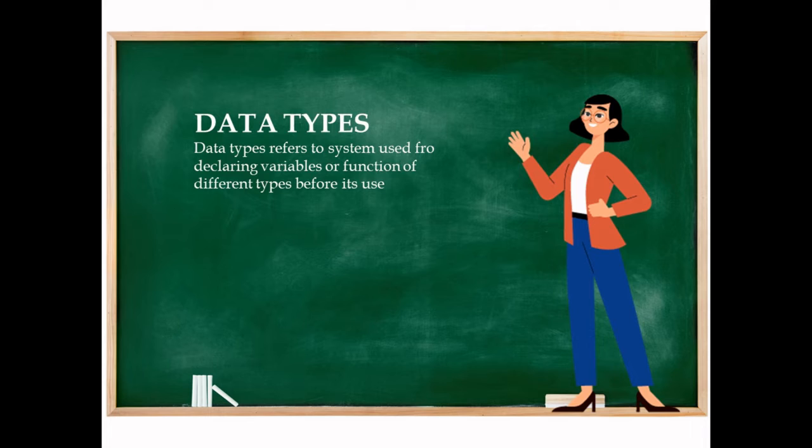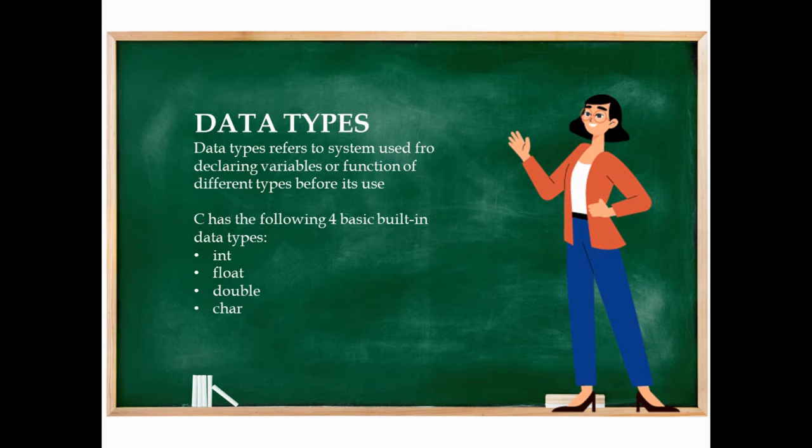A data type refers to the system used for declaring variables or functions of different types before their use. The type of a variable determines how much space it occupies in storage and how the bit pattern stored is interpreted. The C language has 4 basic built-in data types. The first one is int, second float, third double, fourth char.